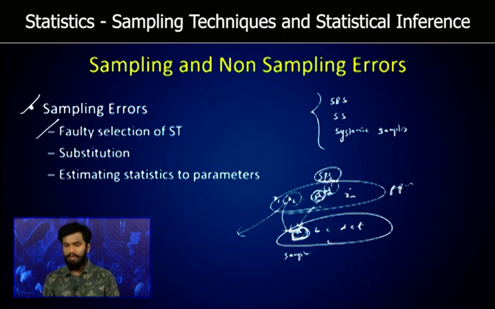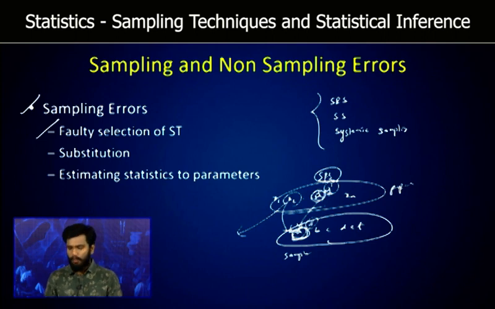So when you take A dash here, basically you have to consider the A information, but instead of A you are considering the A dash information. So this kind of substitution will occur during sampling. That kind of errors are nothing but the substitutional errors.